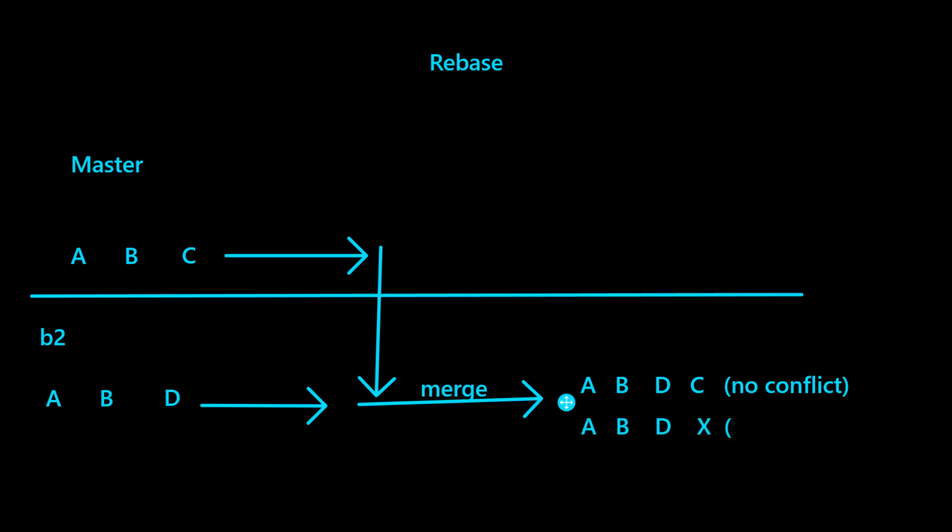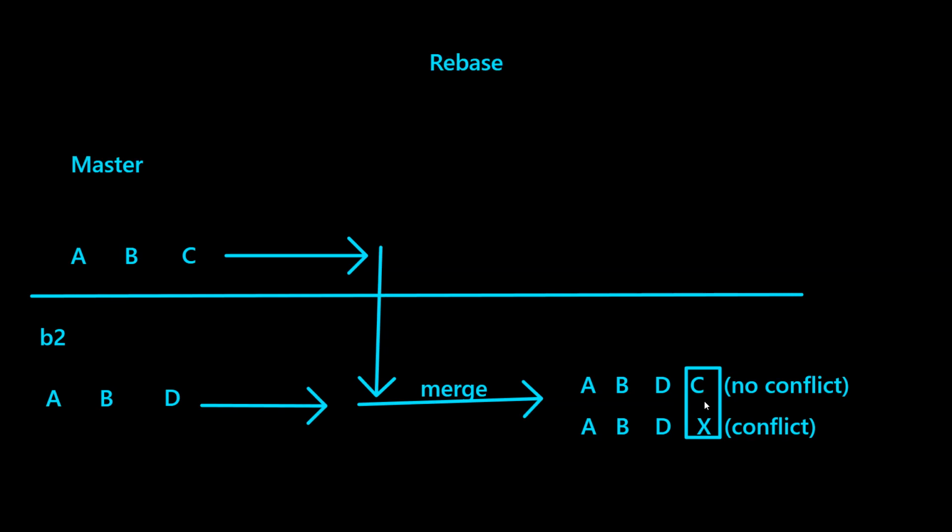You notice it when you do the hands-on. But whether it's a conflict or no conflict, a new commit ID will be added as the latest commit in the destination branch whenever you merge.